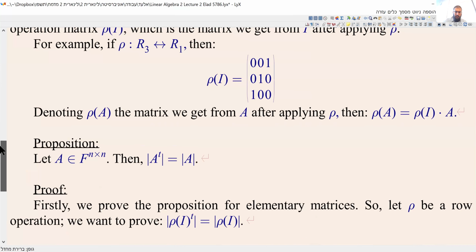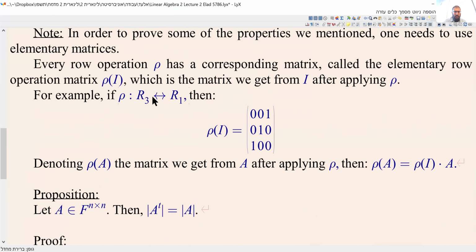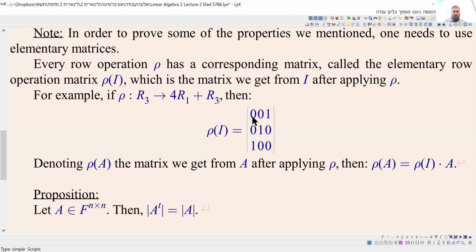Let's use our matrix here as an example. Let's say we take R3 and we add 4 times R1 to R3. So let's get back to the identity matrix.